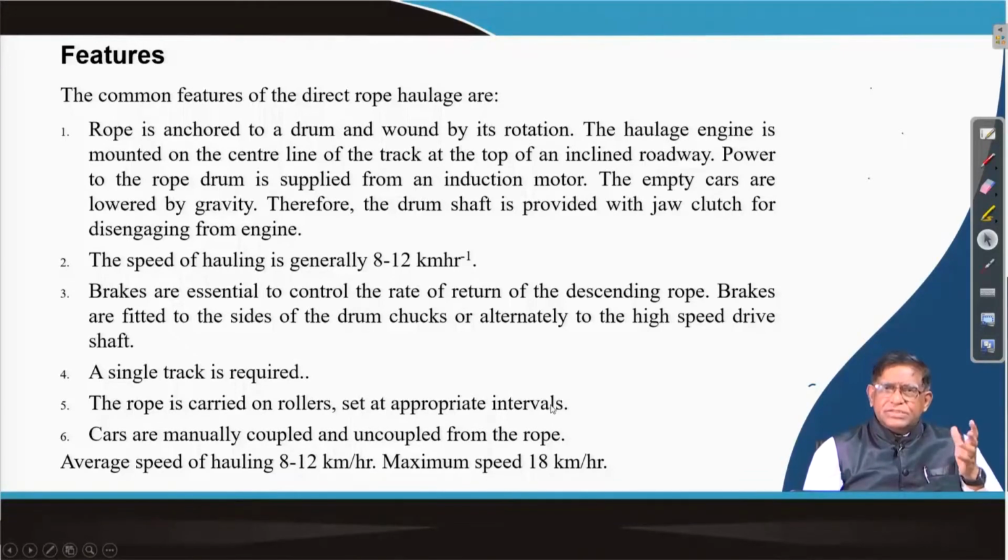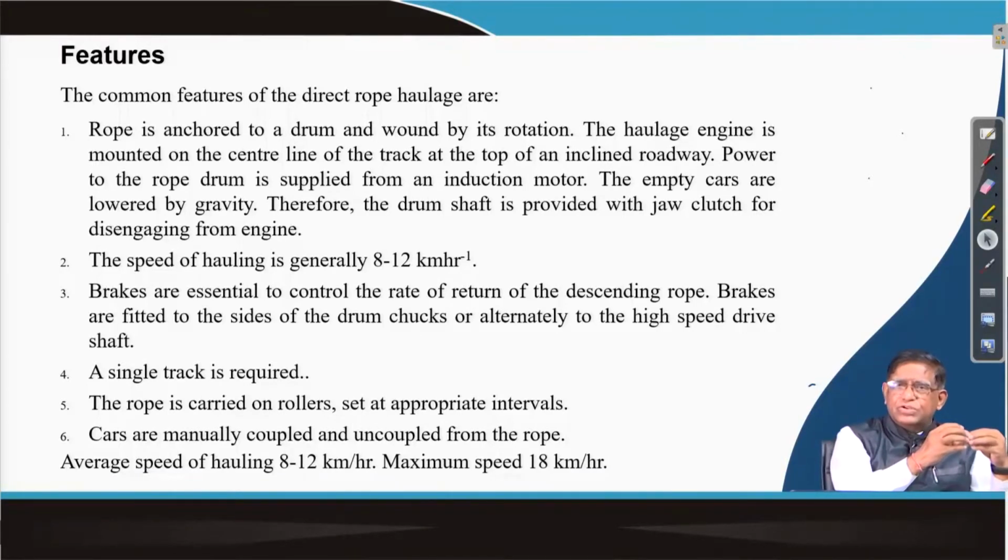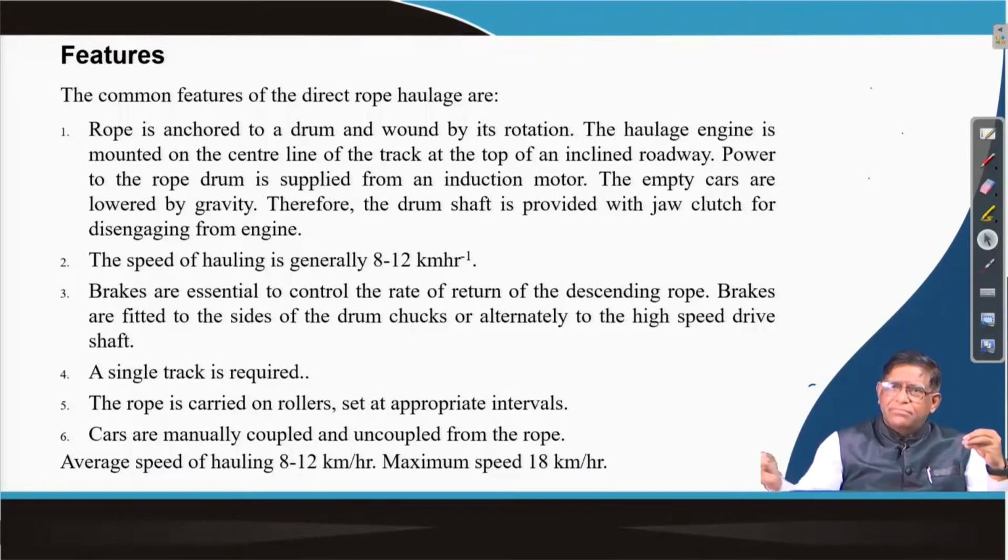This system can bring tubs at up to 8 to 12 kilometers per hour speed, because the empty cars also go by the same route. So there is only a single track, and the gallery width need not be very big.